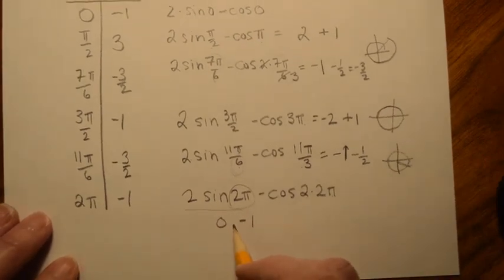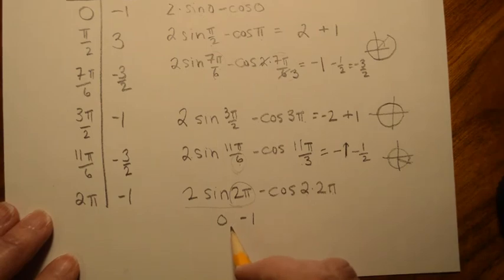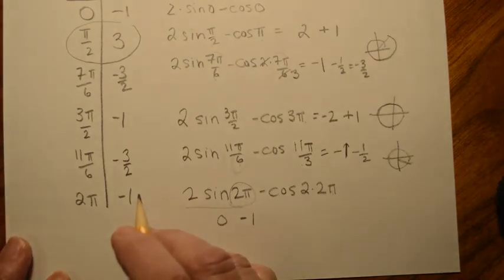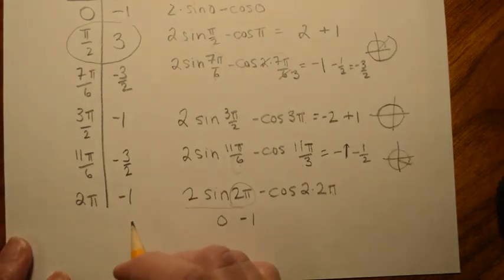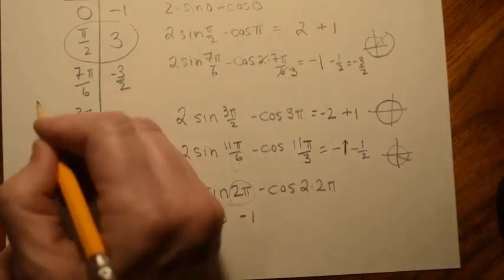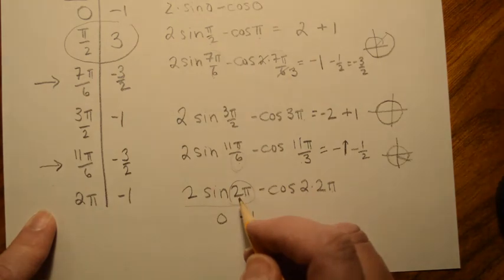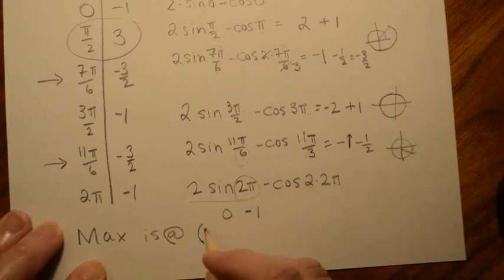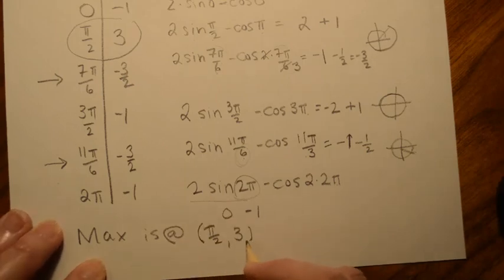All right, so we're looking for the max. We're looking for the min. So the max occurs right here. That's the highest value. And then the min occurs, actually there are 2 mins. One is right here at 11 pi over 6, and the other is at 7 pi over 6. All right, so the max is at pi over 2, comma 3.